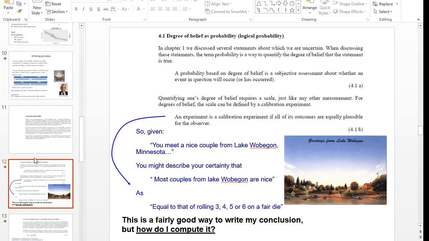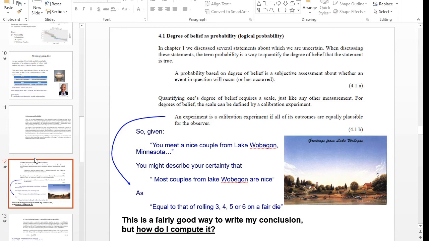We might want to describe our degree of certainty in the conclusion: most couples from this town are nice. Now, 4.1a, a definition: a probability in this system is a subjective assessment about whether an event in question will occur or has occurred, or whether a statement is true.